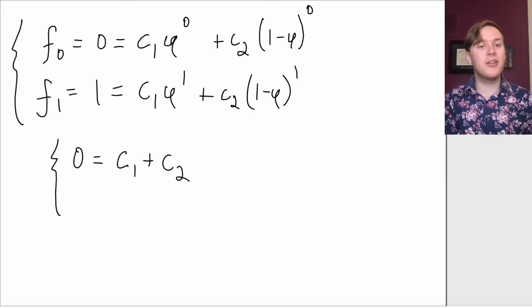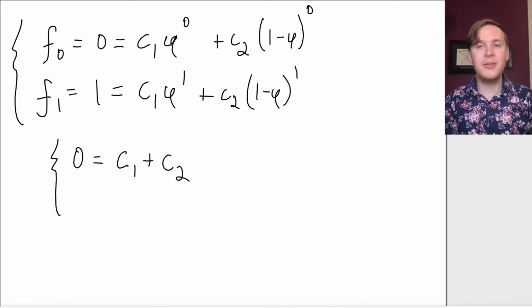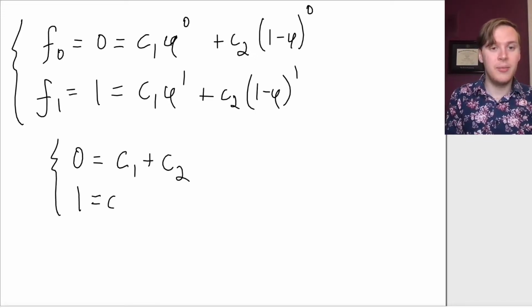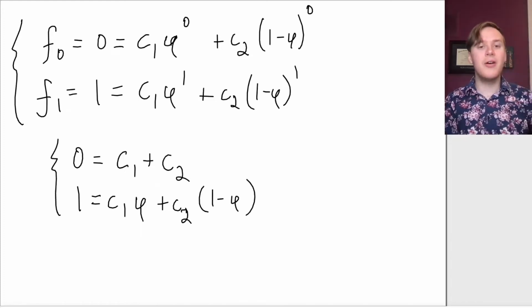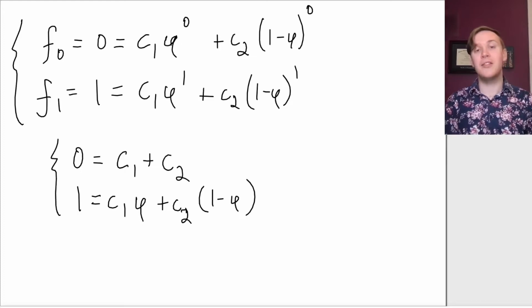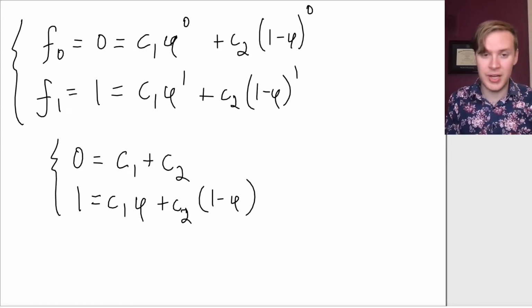And then in our second equation, if we take something to the first power, we don't even have to have the exponent there. So we get 1 equals C1 times phi plus C2 times 1 minus phi. So now our task is to solve this system for C1 and C2. We're going to use substitution. That's the easiest way to do this.